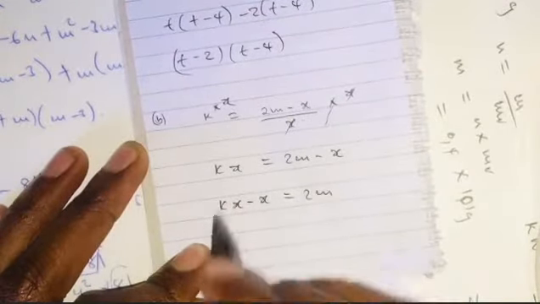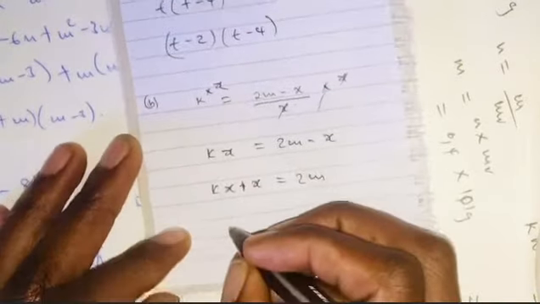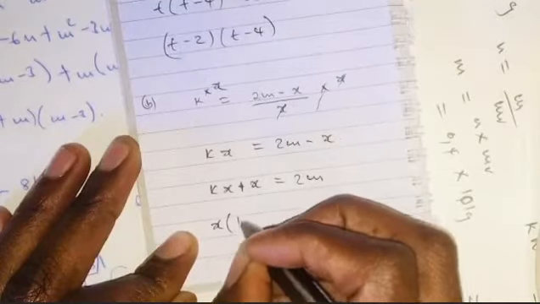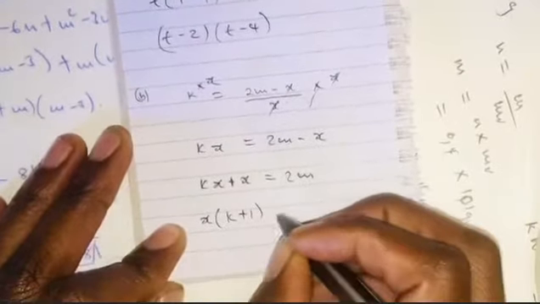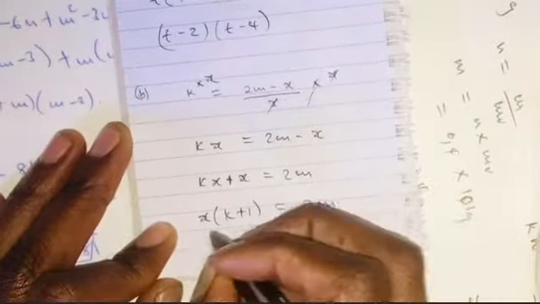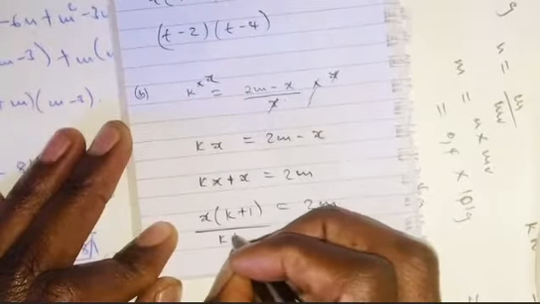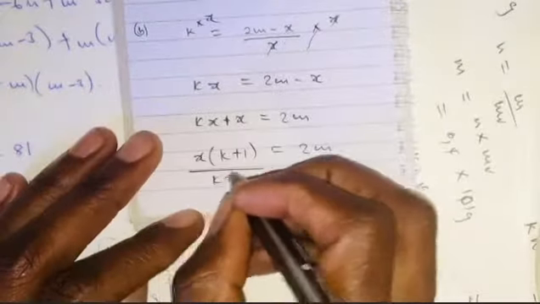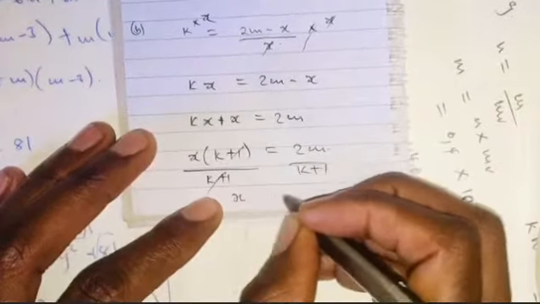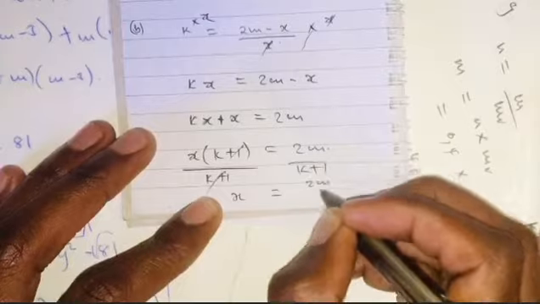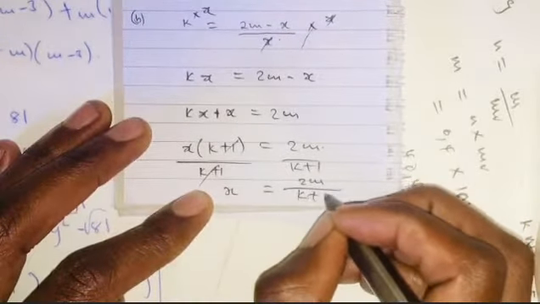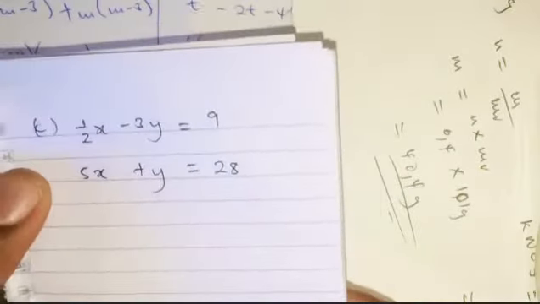If we take x this side, it will become positive. Then we factorize for x, then we get x times k plus 1 is equal to 2m. Divide both sides by k plus 1. So x is equal to 2m over k plus 1.